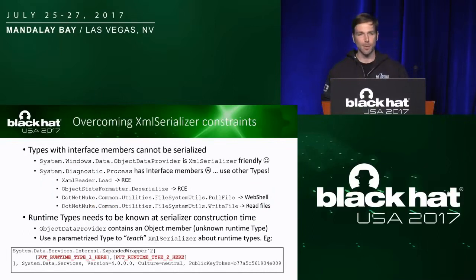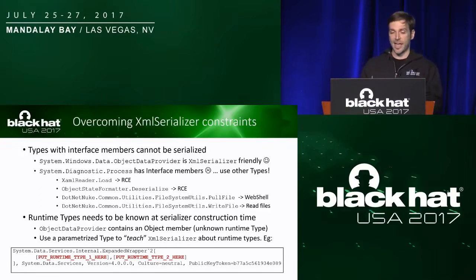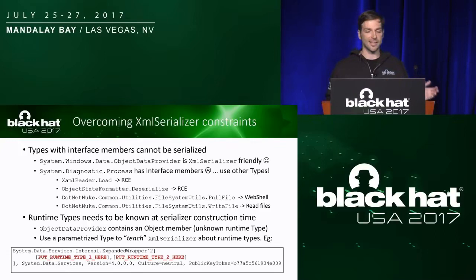XmlSerializer is by far the most limited serializer in the .NET family, so it was a challenge for us. If we were able to get arbitrary code execution in this case, we were sure that we could do that for any other library. So we wanted to use our ObjectDataProvider gadget. So far so good, because it's XmlSerializer friendly. It can be serialized by XmlSerializer, no problem at all.